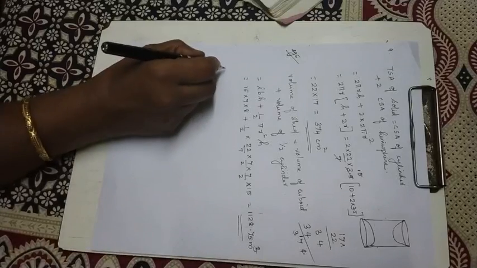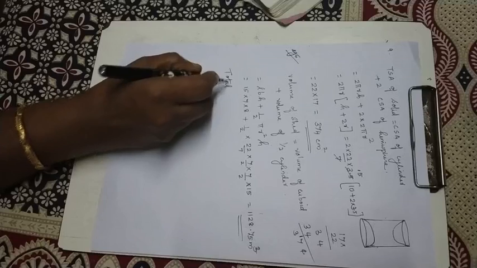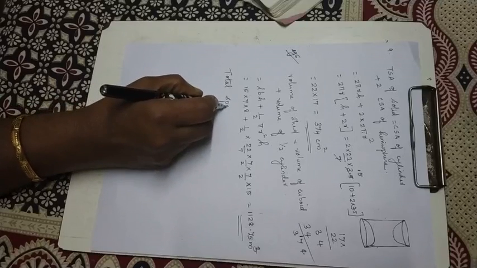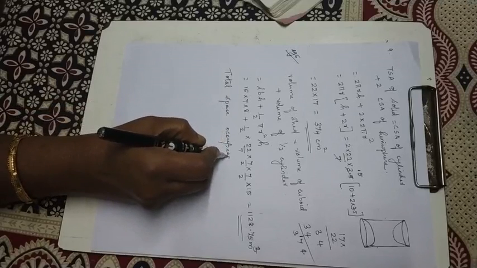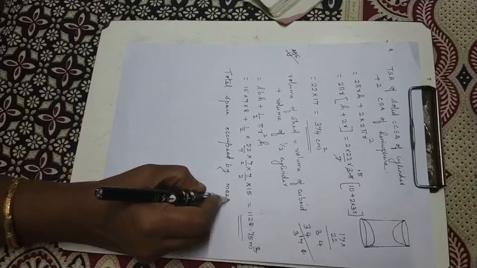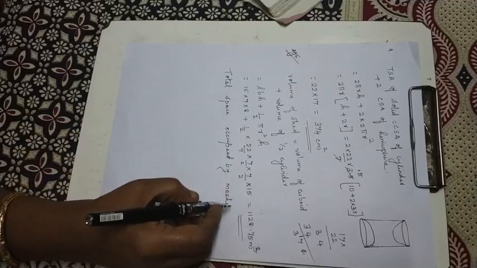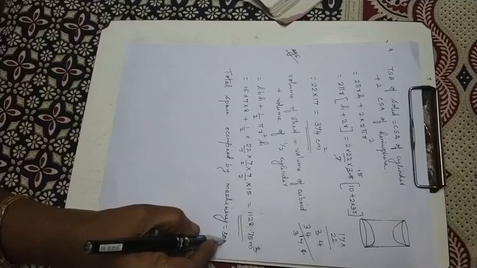So total space occupied by machinery, that is equal to 300 meter cube.